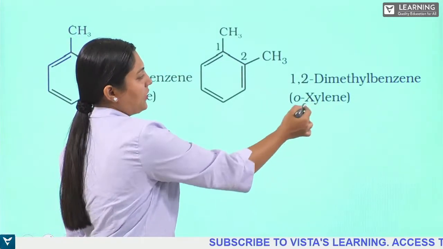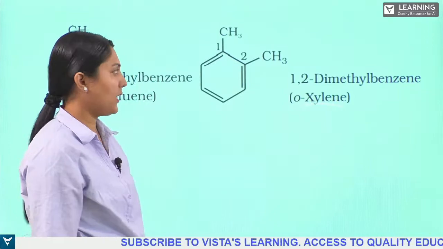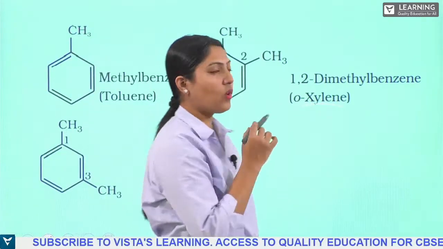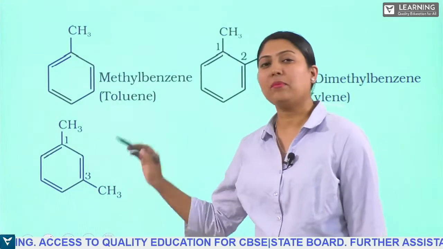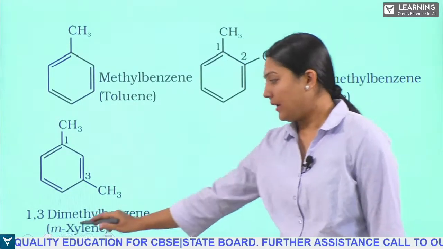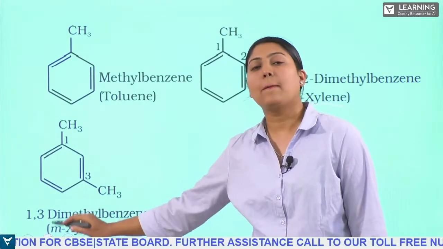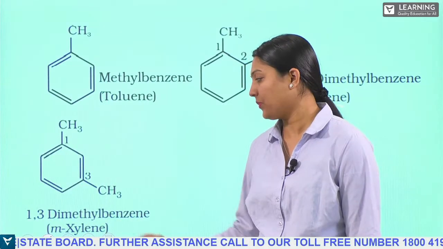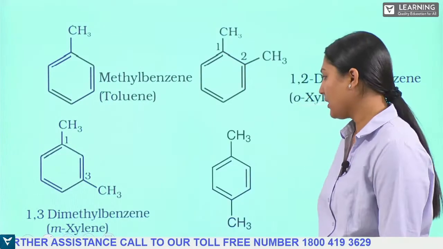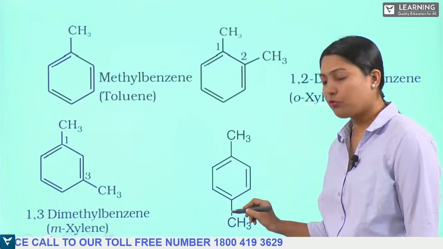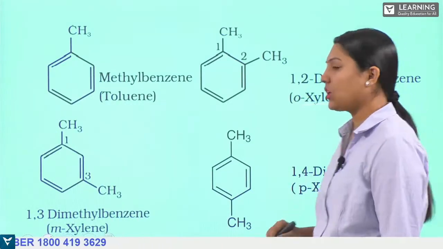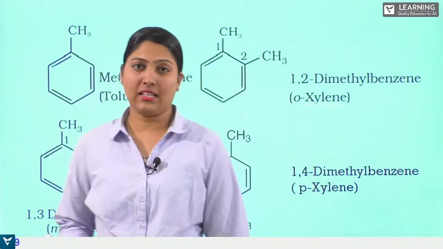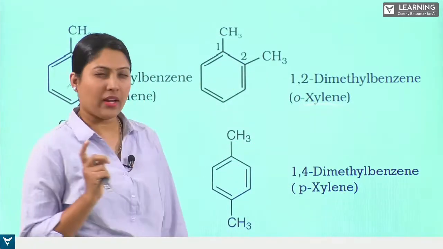This is a common name. Orthoxylene is a common name. Likewise, for 1, 3, we call it 1, 3 dimethyl benzene, and we can also call it metaxylene. Likewise, if you see here 1, 4 dimethyl benzene, this can be called paraxylene. So what are you understanding here?